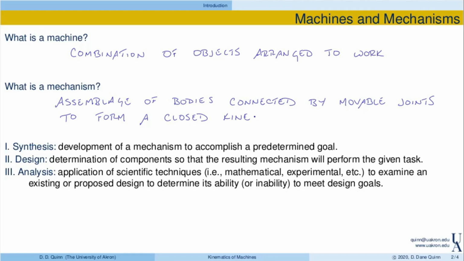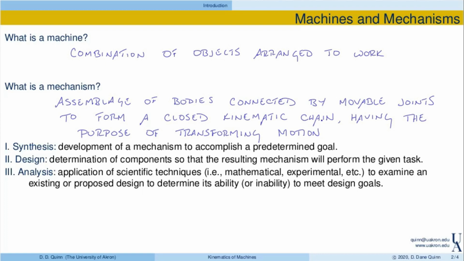So we'll talk some more about this and the ideas behind kinematic chains later. But in particular, it has the purpose of transforming motion. So again, this is a class on kinematics of machines. Right, so we'll be looking at mechanisms, and we'll be trying to analyze and design mechanisms to accomplish specific goals in terms of their motion.